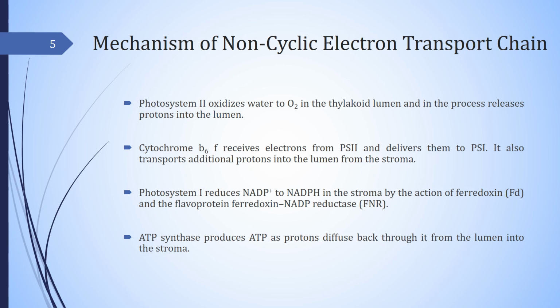It also transports additional protons into the lumen from the stroma. PS1 reduces NADP to NADPH in the stroma by the action of ferredoxin and the flavoprotein ferredoxin-NADP reductase, in other words FNR. And finally, ATP synthase produces ATP as protons diffuse back through it from the lumen to the stroma.